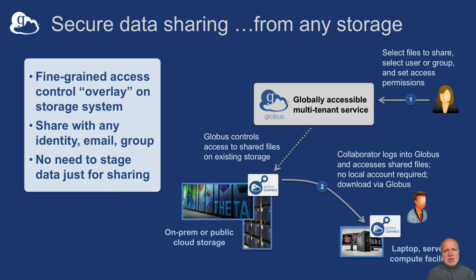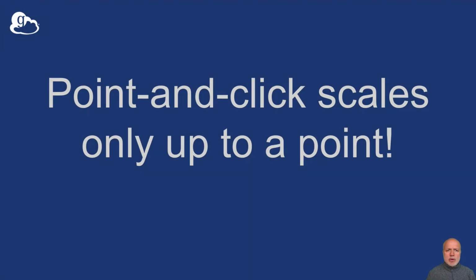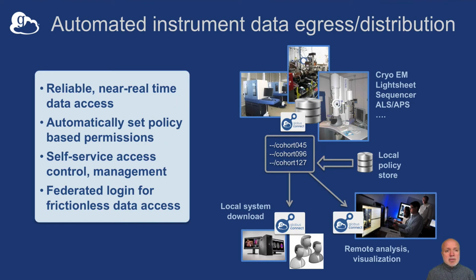So we can do this quite easily, as I said, with a web application, but this whole point and click approach really scales only up to a point. Beyond that, if you want to address a situation like this, which is something that we see very commonly, I have an instrument that is generating data. I have a number of users that are sharing access to this instrument.